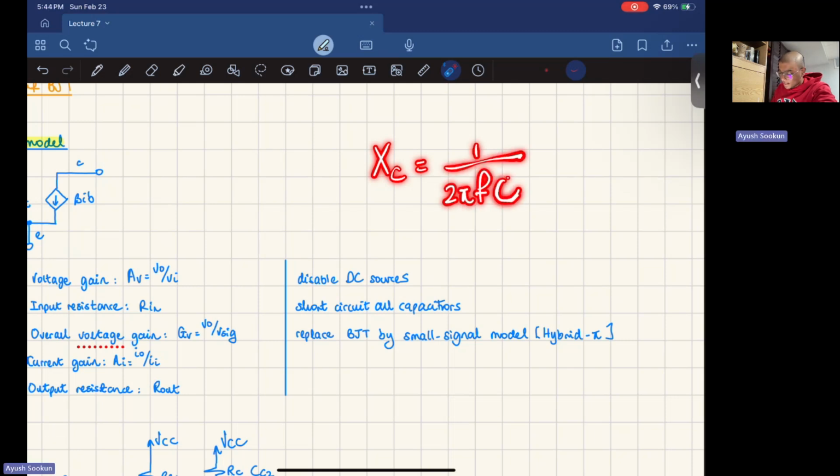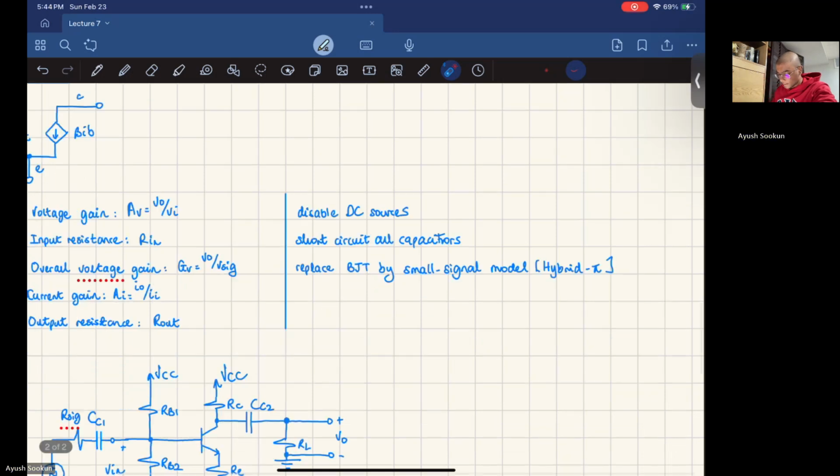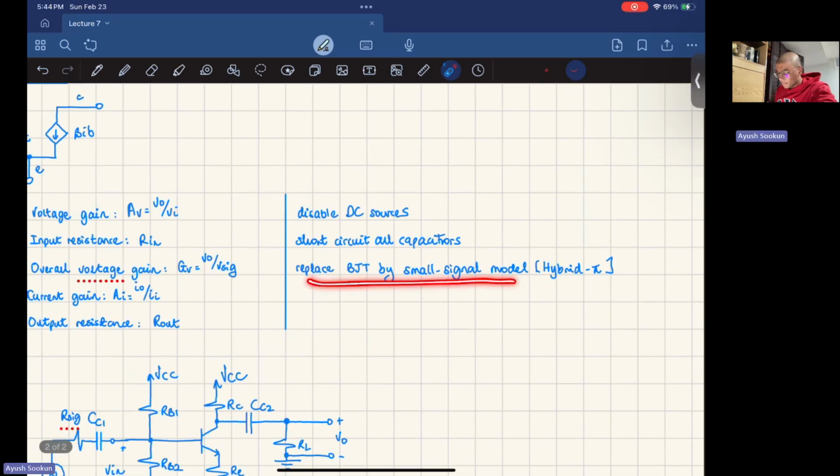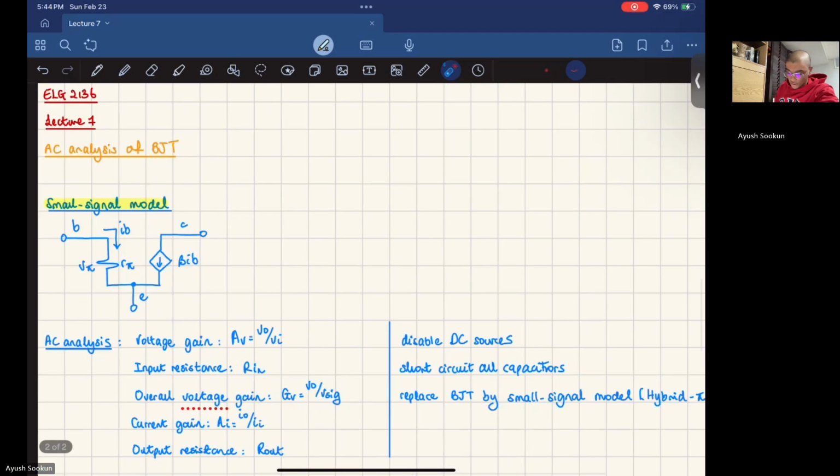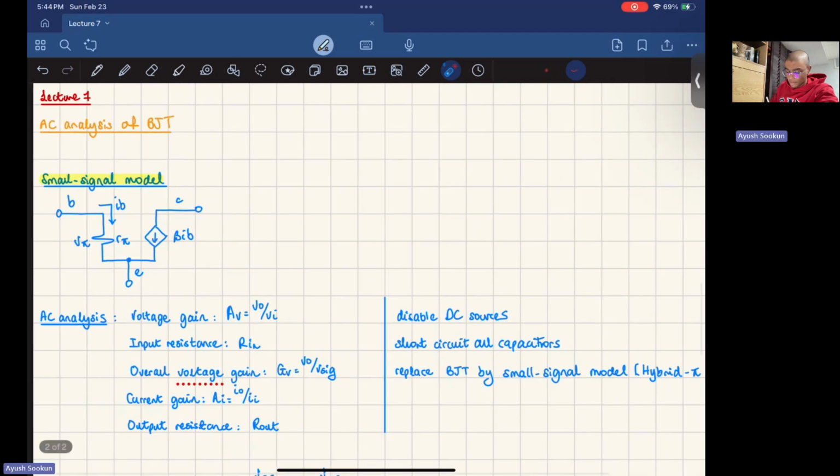So when the frequency is very high, 1 over that is zero, so your capacitor impedance goes to zero and your capacitor becomes a short circuit. And we want to replace the BJT by the hybrid pi model we just saw here.